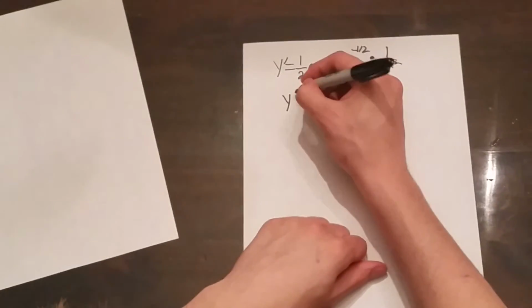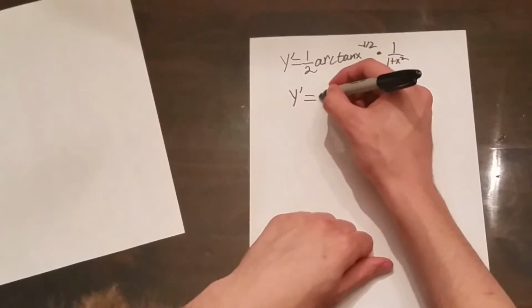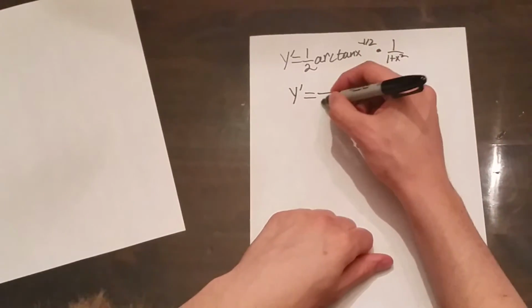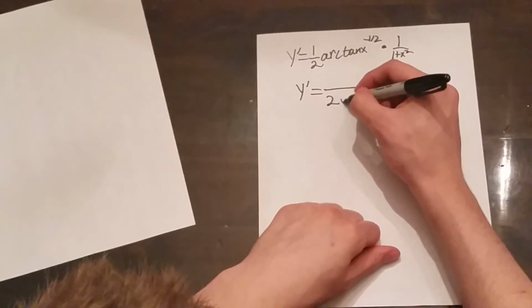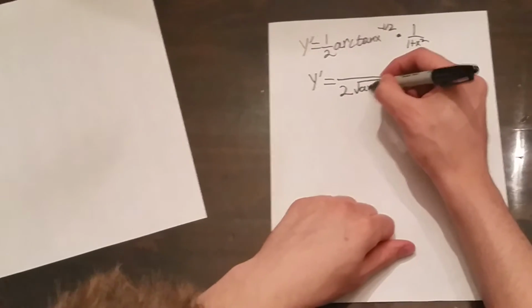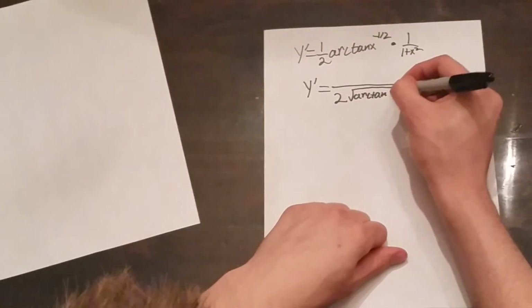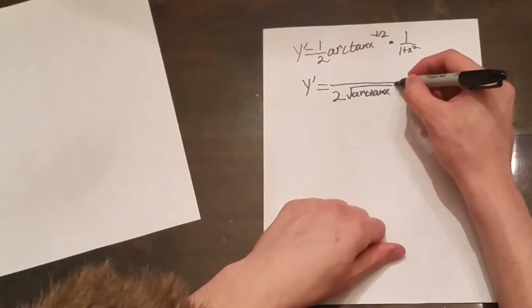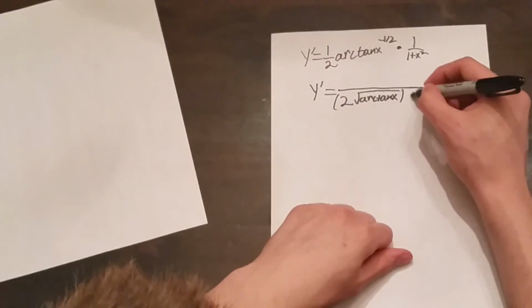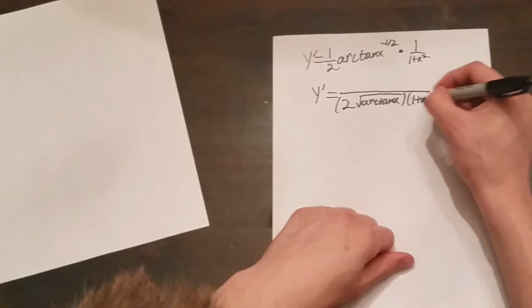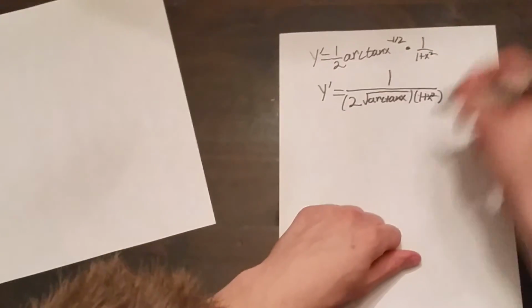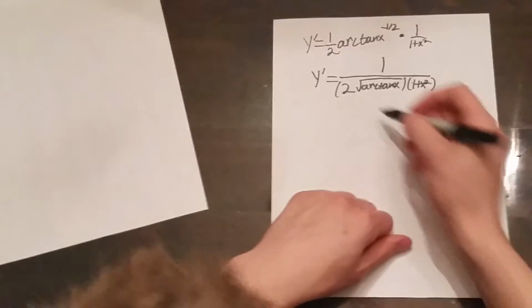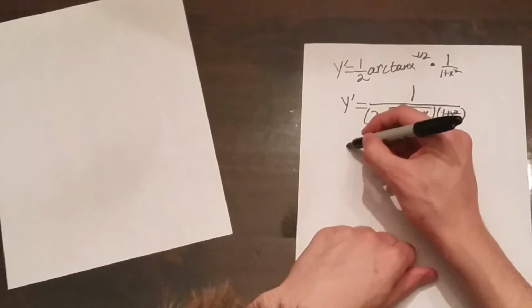Now you can simplify this down to being 1 over 2 times the square root of arctangent x, since this is negative, we can bring this down, times 1 over 1 plus x squared. This is the solution for this problem right here.